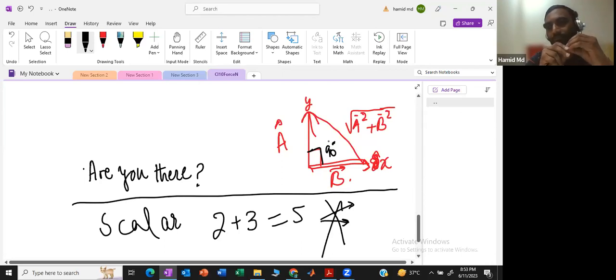The motion of an object. So motion is one physical quantity, and the direction, of course. The second physical quantity, velocity, velocity and displacement, speed, the distance, force.